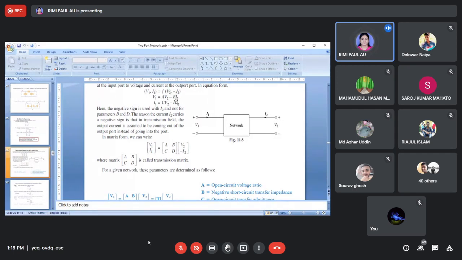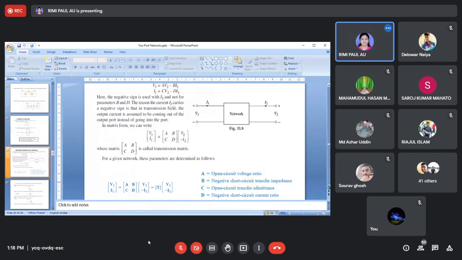So B is the negative short circuit transfer impedance. And with V2 equal to 0, I am getting a current ratio I1 by minus I2, which is D, the negative short circuit current ratio.